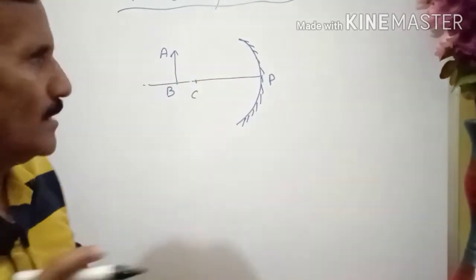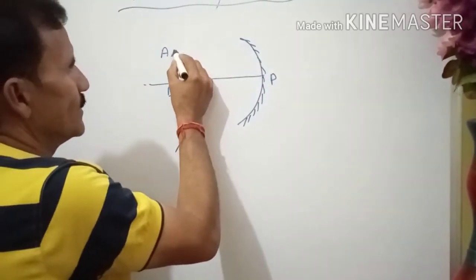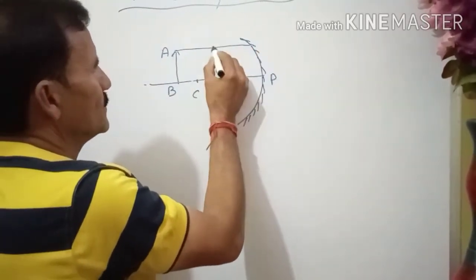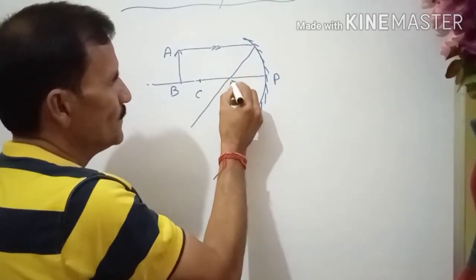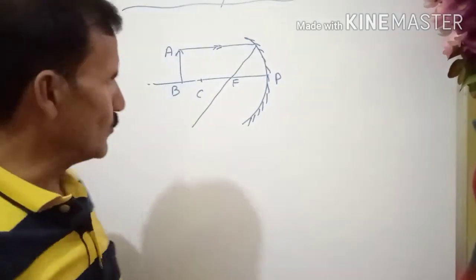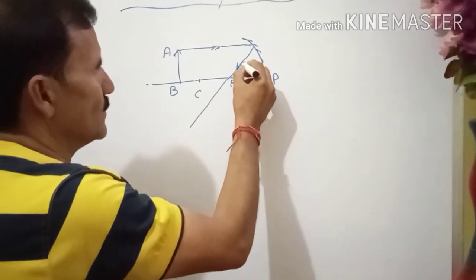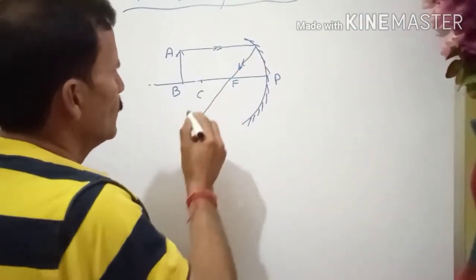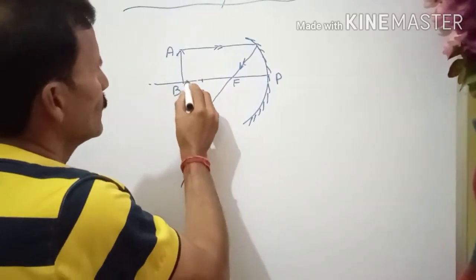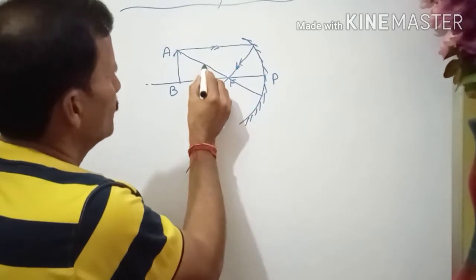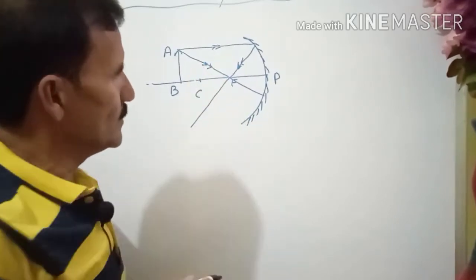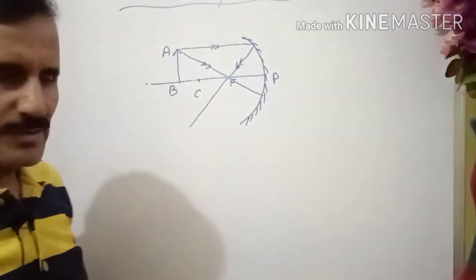So learn here. Take one ray parallel to the principal axis. Definitely it will pass through the principal focus after reflection. Take one more ray which is passing through the focus. Suppose this incident ray is passing through the focus.